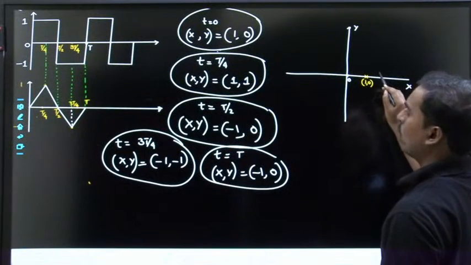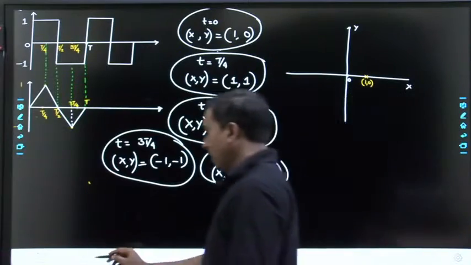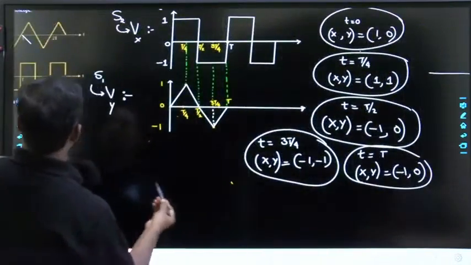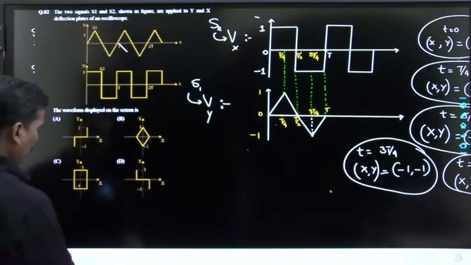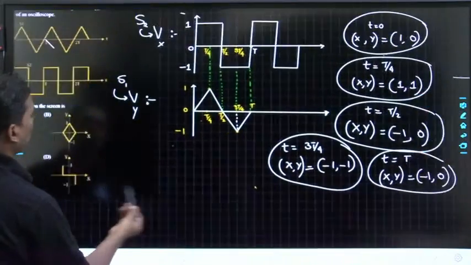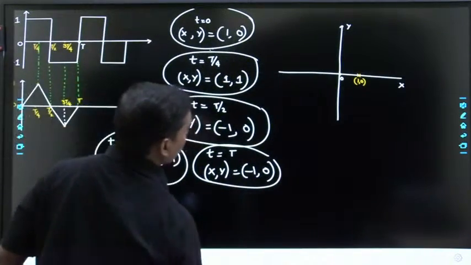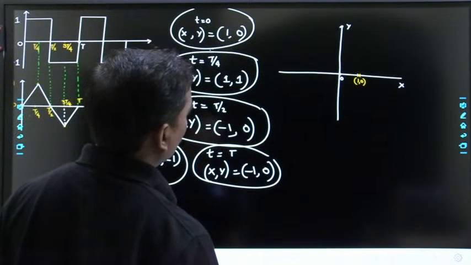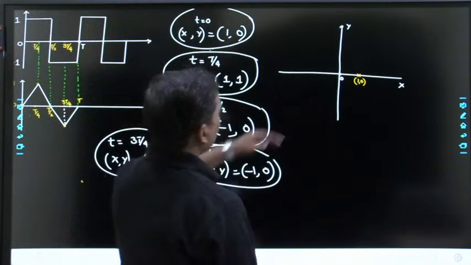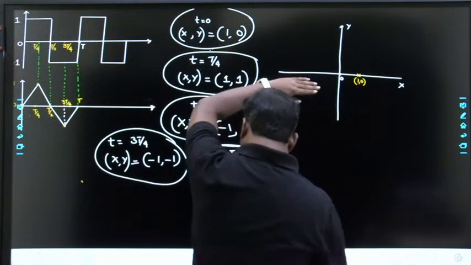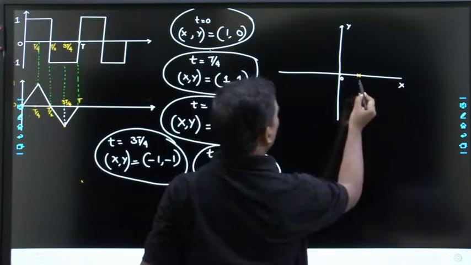Now tell me, at t is equal to T by 4, what are you going to get? 1, 1, you are getting 1 comma 1, na. I think we have made a small mistake here. I'm sorry. Correct. At t is equal to 0, this one is 1 comma 0.